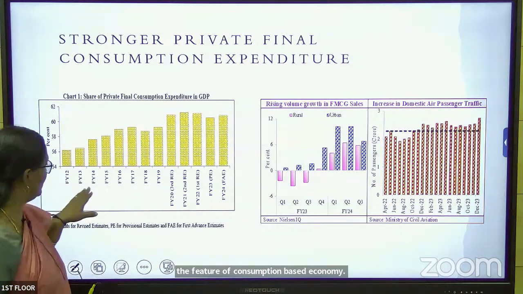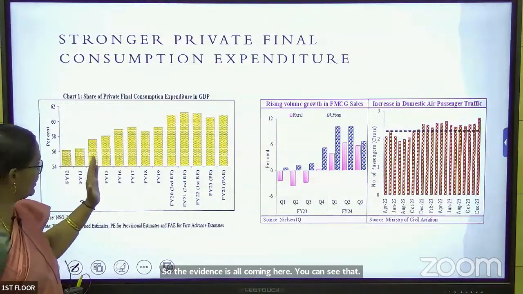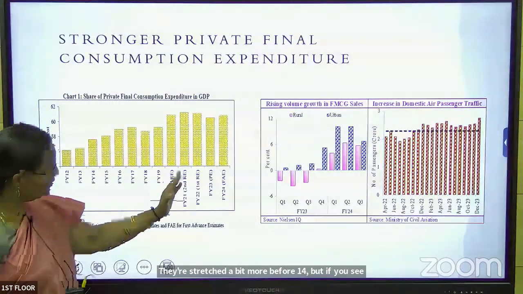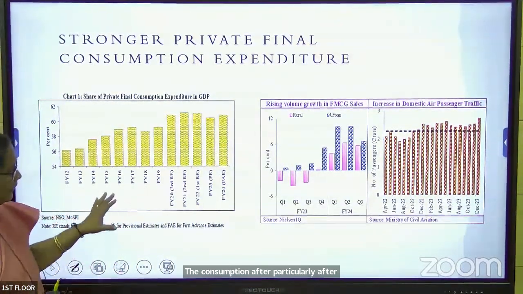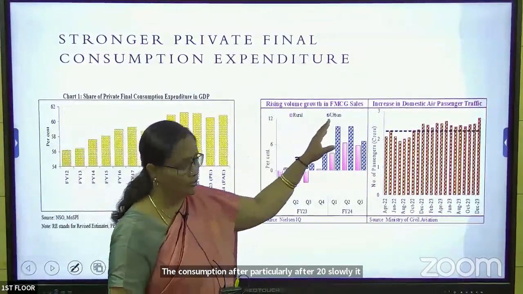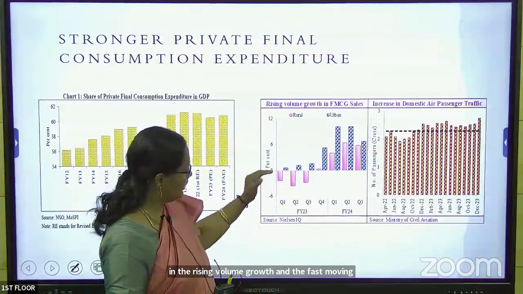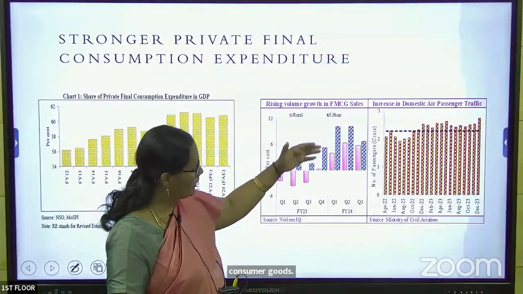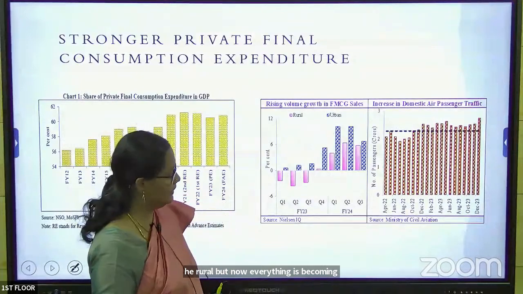You can see that they have stretched a bit more before 14, but if you see the last 10 years, the consumption, particularly after 20, is slowly increasing. And this is also being reflected in the rising volume growth and the fast moving consumer goods sales. Here you can see that sometimes it was negative in the rural, but now everything is becoming positive in the current financial year.